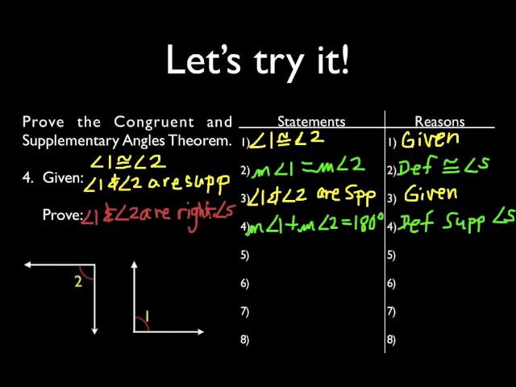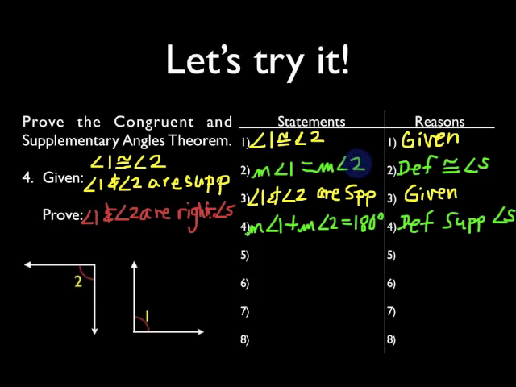All right. Where are we at here? I have an equation sitting here that says that 2 angles added together equal 180 degrees. And I also have a statement up here in 2 that says one angle measure is equal to the other.